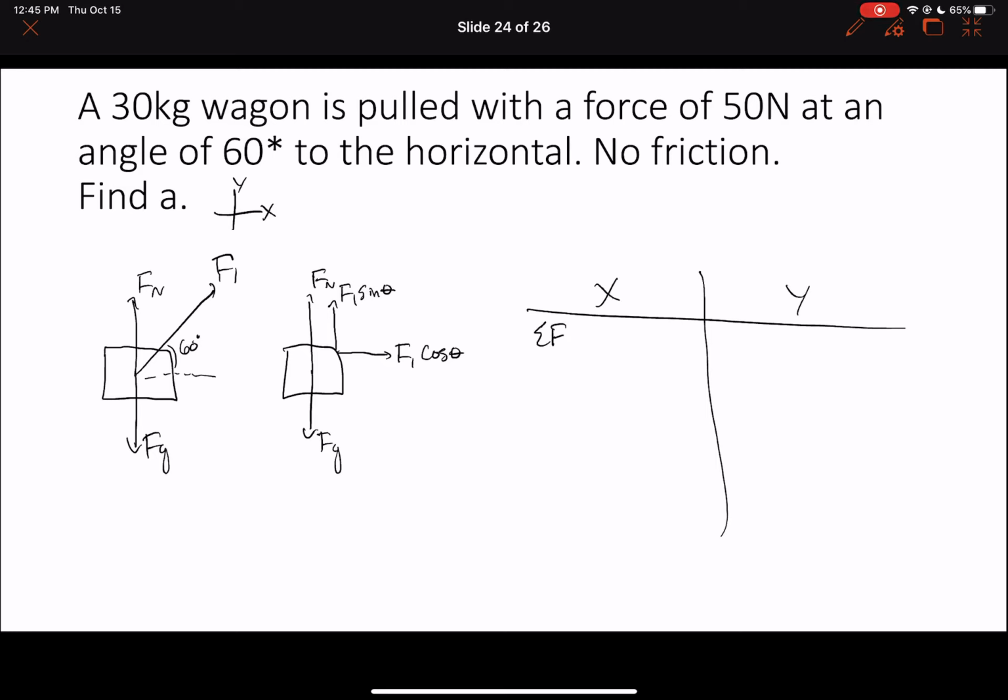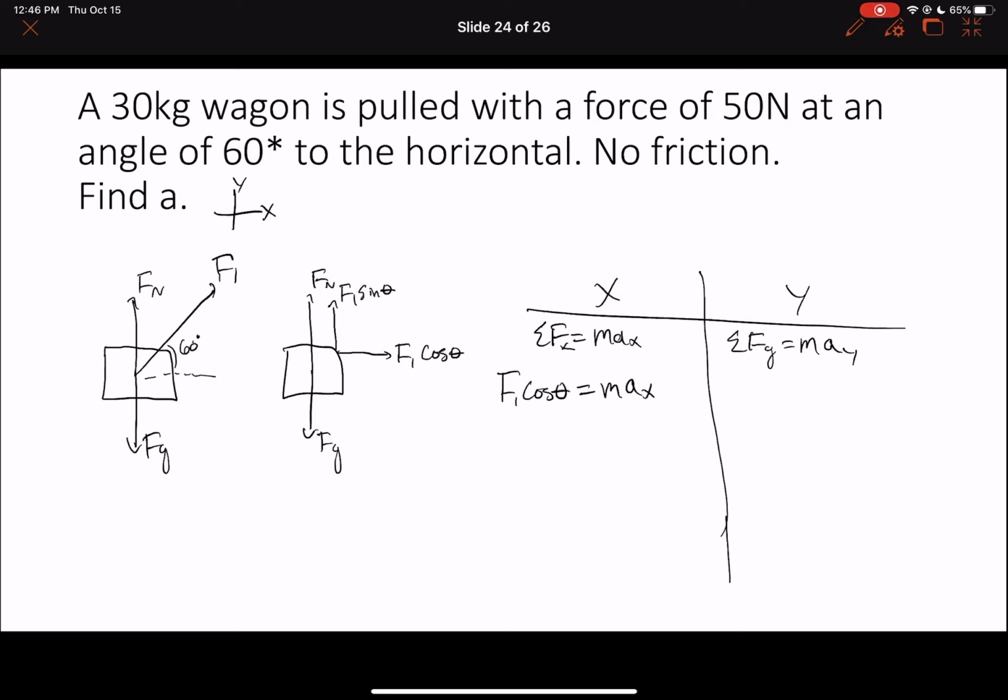Sum of the forces equals MAX. Sum of the forces in the y direction equals MAY. In the x direction, we have only one force, F1 cosine theta, equals MAX.